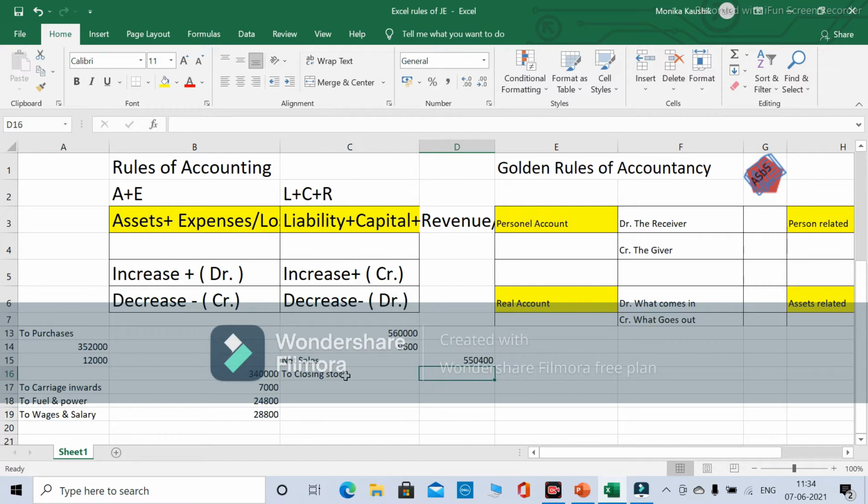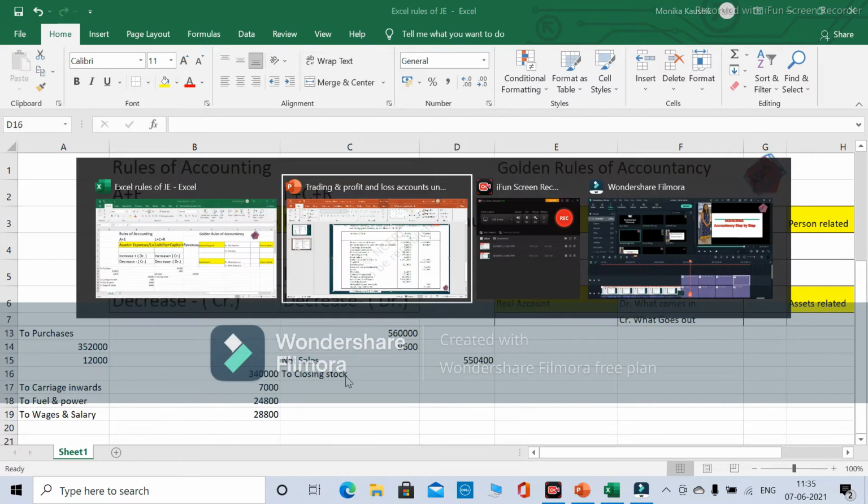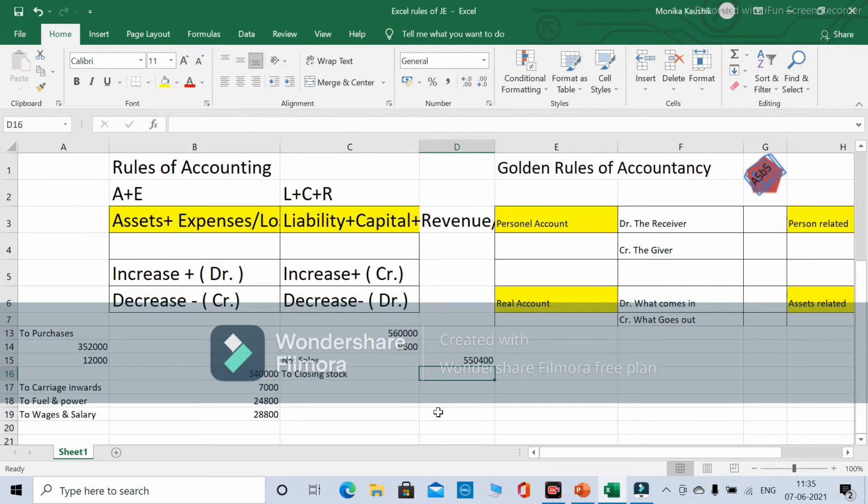If anything is in the trial balance itself, it means it has already been adjusted. However, if anything is in the adjustment, it means it has been adjusted after that, so more adjustments are there and I'll have to do the double treatment of the adjustment part. So closing stock 30,000.